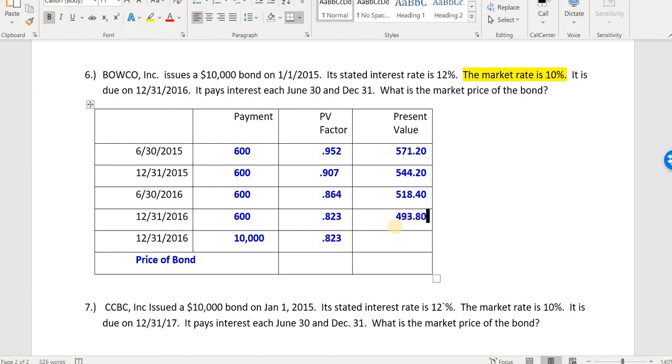And lastly, 10,000 times 0.823 is 8,230. So what's the value of that bond? It's 8,230 plus 493.80 plus 518.40 plus 544.20 plus 571.20, $10,357.60.